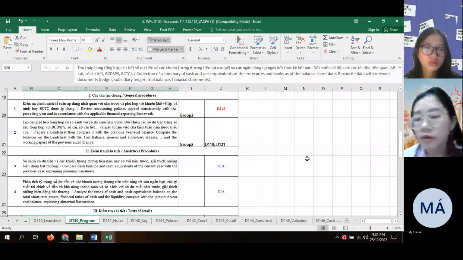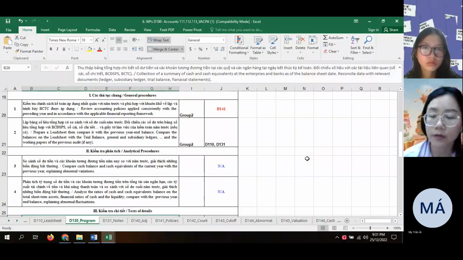So we consider the existence of that number because we consider fraud. I think this assertion may become a fraud risk.